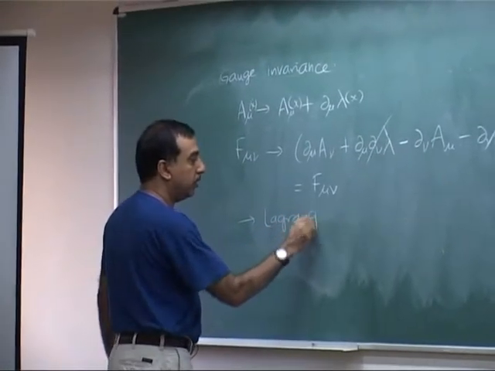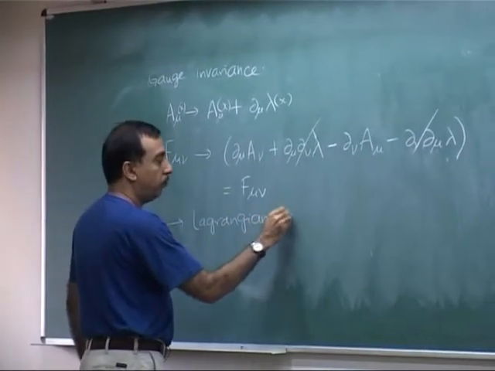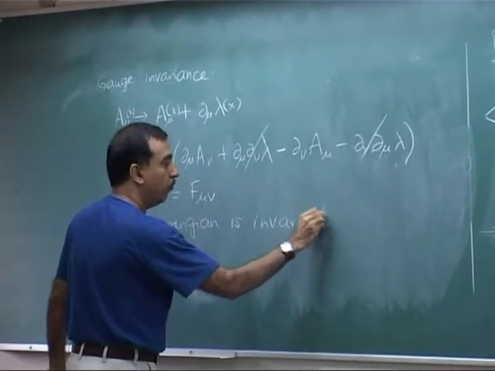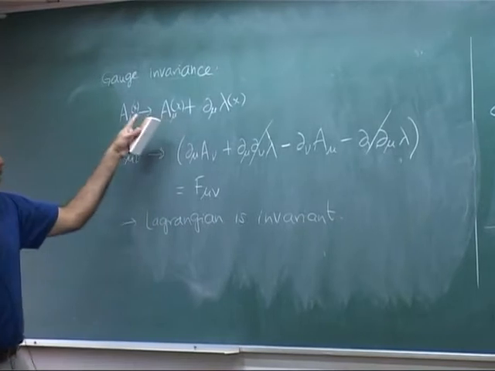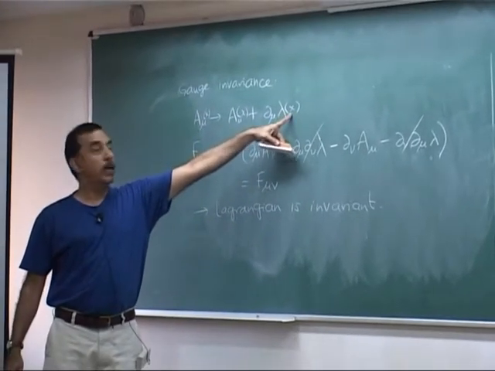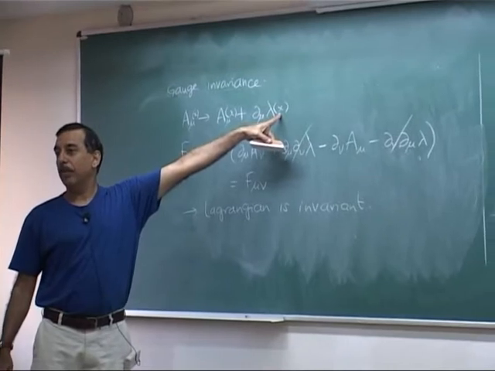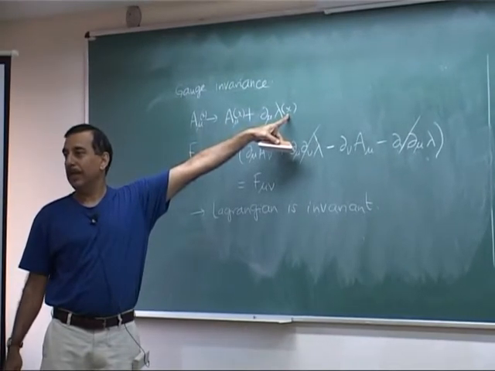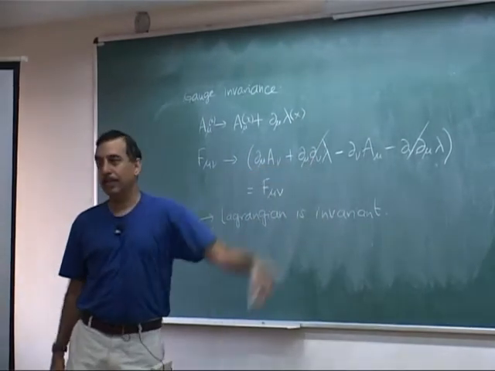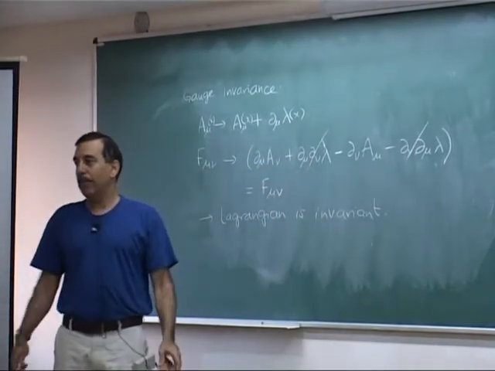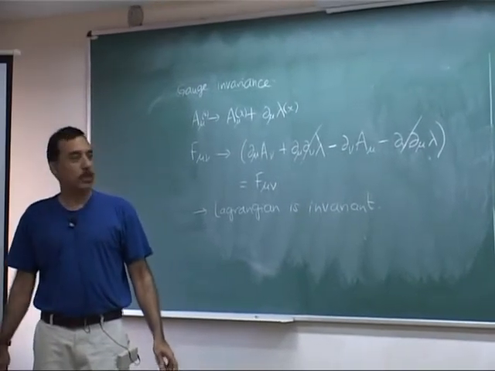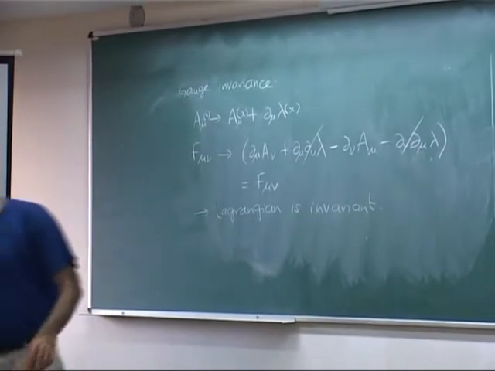And this is the first and most basic example in field theory of a symmetry or invariance with a parameter that depends arbitrarily on space-time. Whatever lambda of x is, it doesn't matter. For any function lambda of x, these two terms cancel out. Lambda is not required to be, for example, constant or anything like that. For any function lambda of x, this symmetry holds.